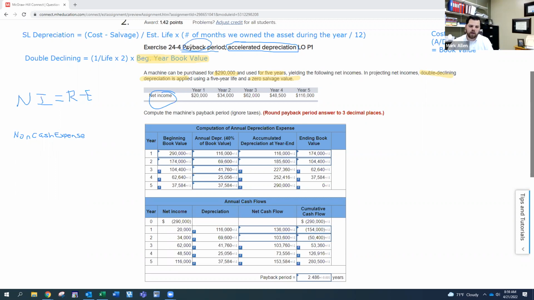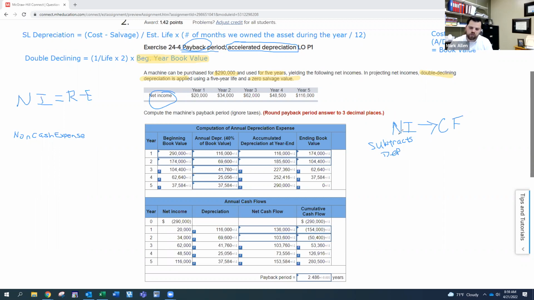Which means that when they give me my net income, but I'm being asked about payback, I've got to figure out a way to go from net income to cash flow effect. And what we've decided, based on our discussion, is that net income subtracts depreciation, even though depreciation does not affect cash.